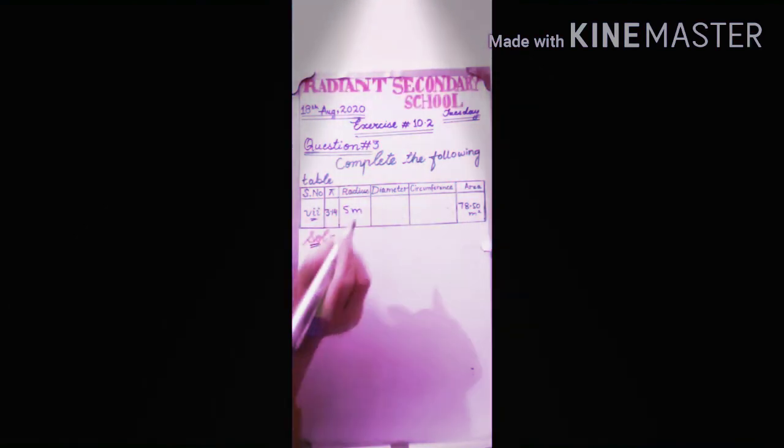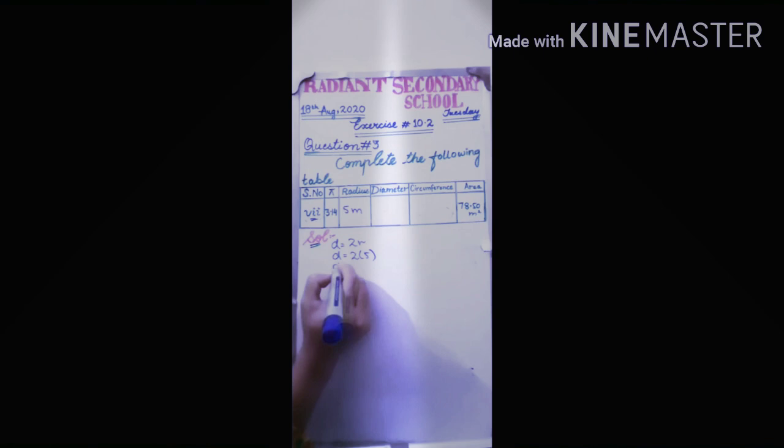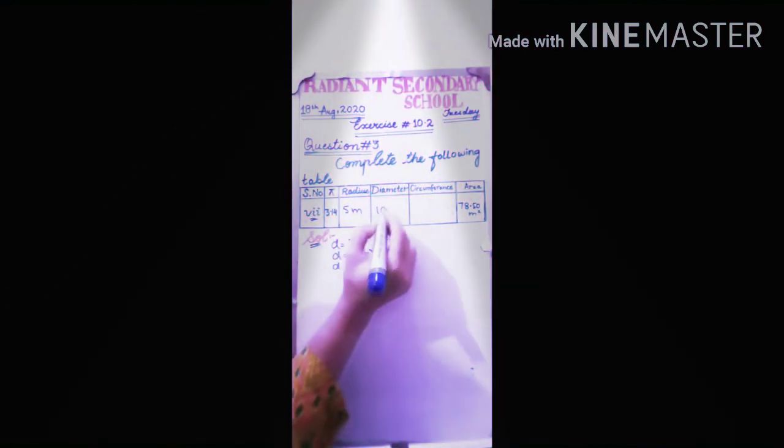The radius we have found is 5 meter. Now we have to find the diameter. For diameter we know that d equals 2r. D equals 2 multiplied by 5, and 2 fives are 10. So our diameter is 10 meter.